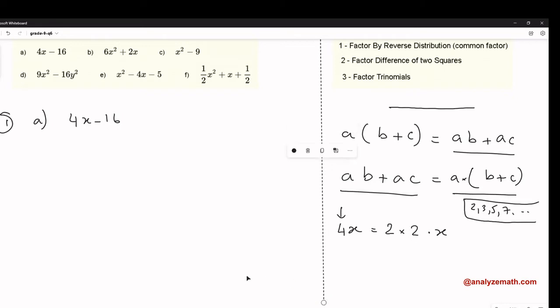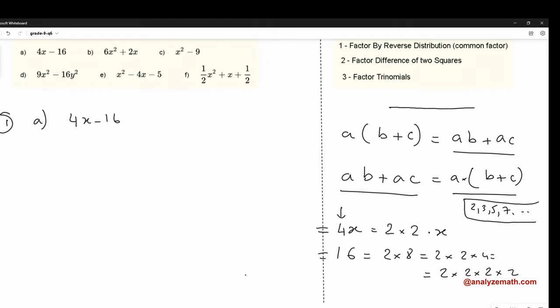Good. Now 16. 16, it's a number, so I'm going to use prime numbers only. It's 2 times 8. 8 is 2 times 4. And 4 is 2 times 2. Good. Now we compare 4x and 16.